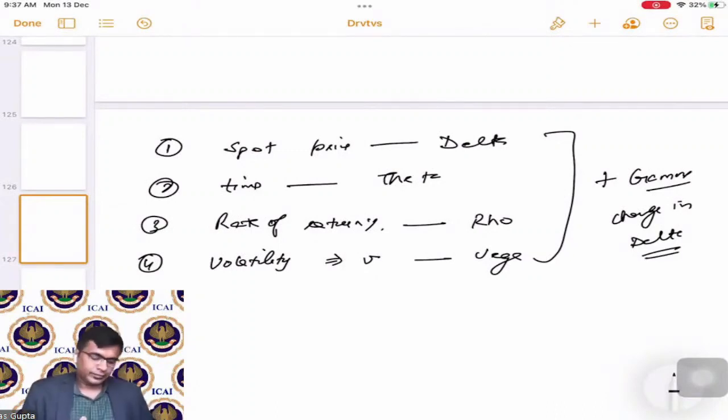Okay. Now, the last part that is left is the embedded derivatives.